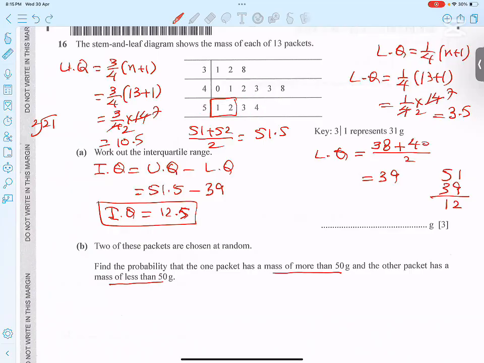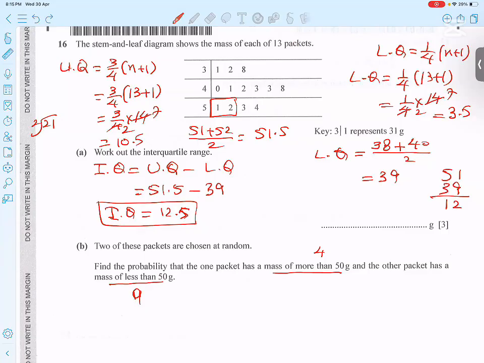So 4. And less than 50, out of 13, 4 gone, so 11? Let me repeat again. If we check it, 1, 2, 3, 4, so 4. Then 1, 2, 3, 4, 5, 6, 7, 8, 9. So wait a minute. Yeah, 9 plus 4, 13.